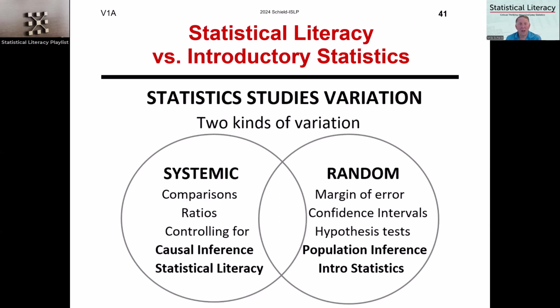On the left, we have a different kind of variation, systemic variation. That's what gives rise to comparisons, ratios, and controlling. This leads to causal inference and statistical literacy. They overlap, but they have a lot of difference.